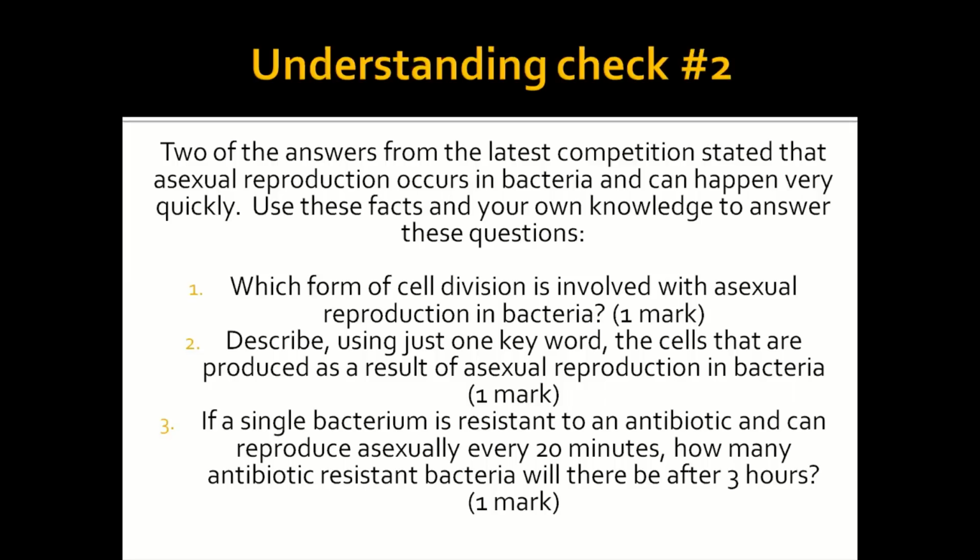Second, describe, using just one keyword, the cells that are produced as a result of asexual reproduction in bacteria. Third, if a single bacterium is resistant to an antibiotic and can reproduce asexually every 20 minutes, how many antibiotic-resistant bacteria will be there after 3 hours? Pause the video and then I will show you the answers.